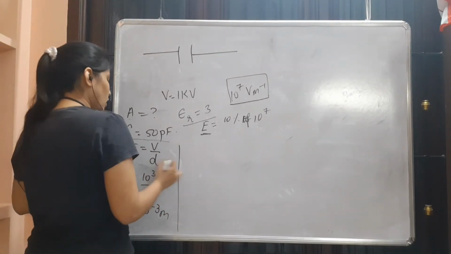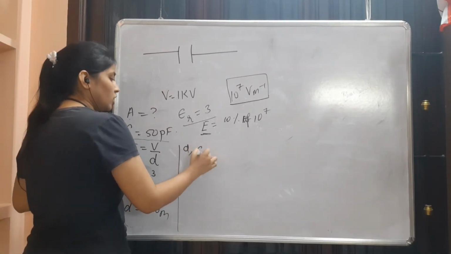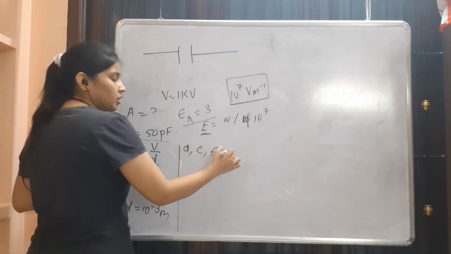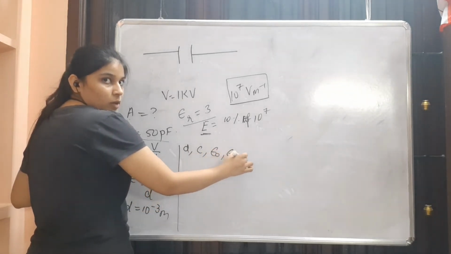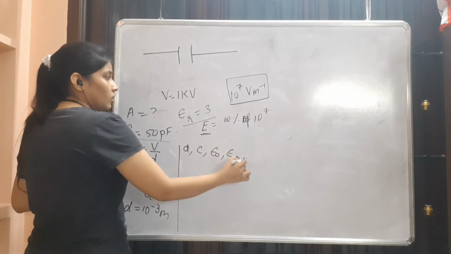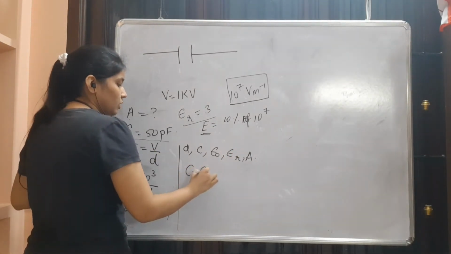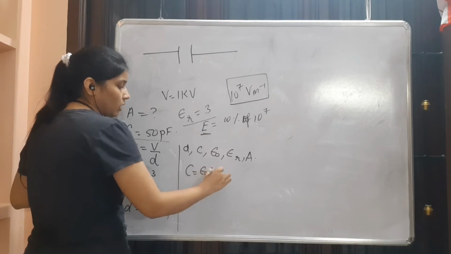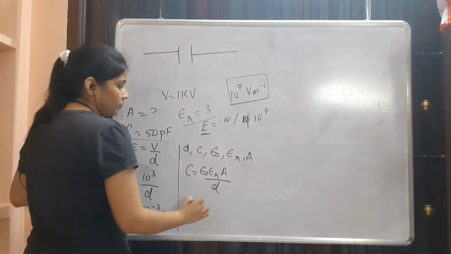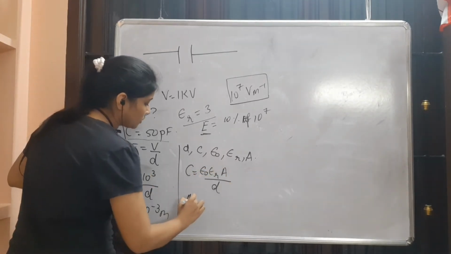Now you have got D, you know the capacitance, you know epsilon naught, you know epsilon R. You have to find out the area. So capacitance C is equal to epsilon naught, epsilon R, A by D. So what is A from this?